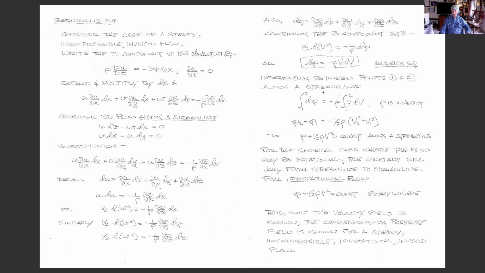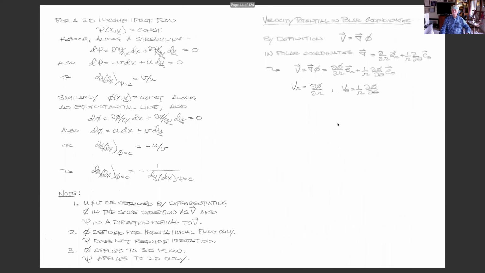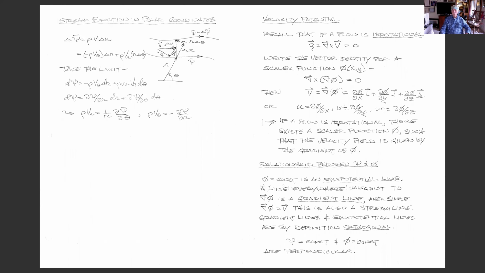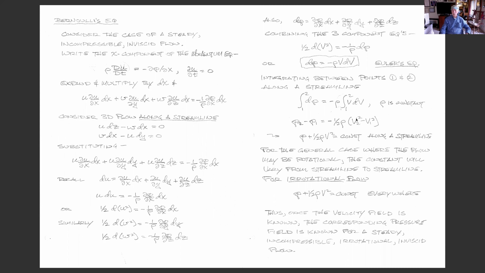We can do that. So it looks like this, and integrating it, this is just P from 1 to 2, is P2 minus P1. And integrating v, we get a v squared and a half out in front. You ever seen that before? P plus 1/2 rho v squared is equal to a constant, namely called the stagnation pressure, total pressure, along a streamline.